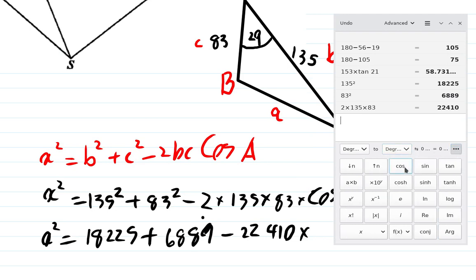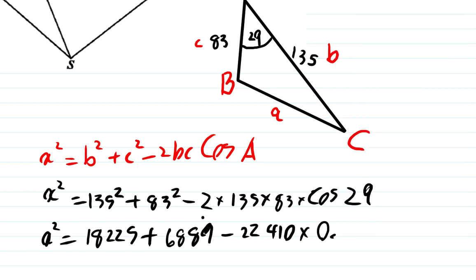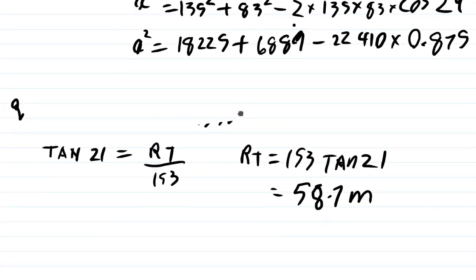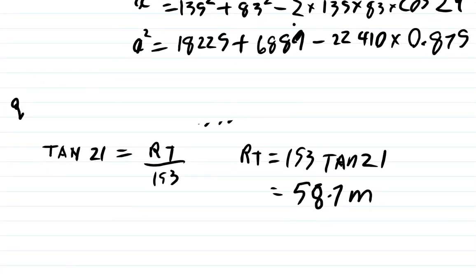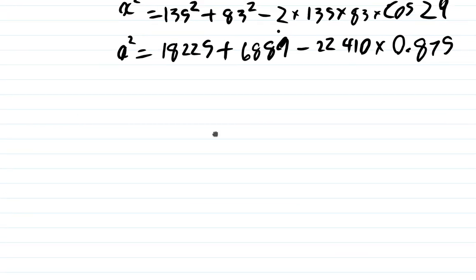Cosine 29 equals 0.875. Keep it to 3 decimal places while you're working, right? When you finish your work, you can round it to fewer decimal places when you're writing the answer.